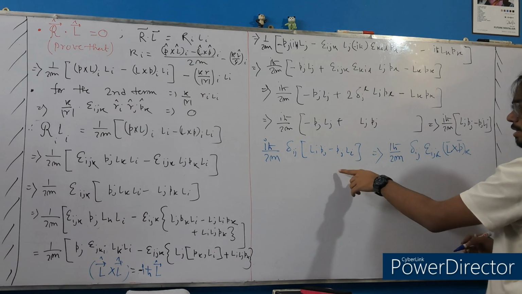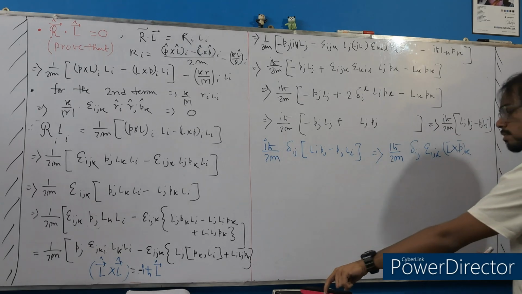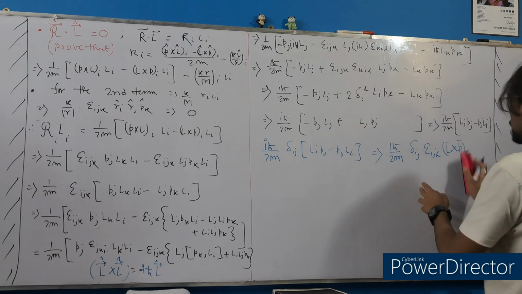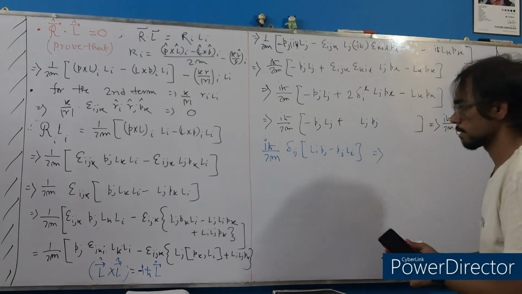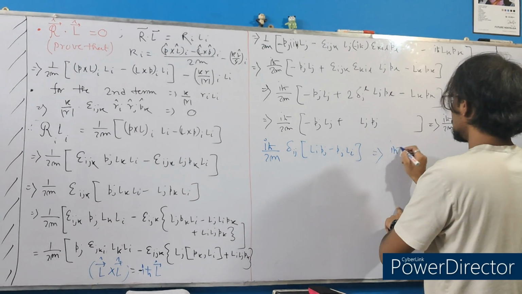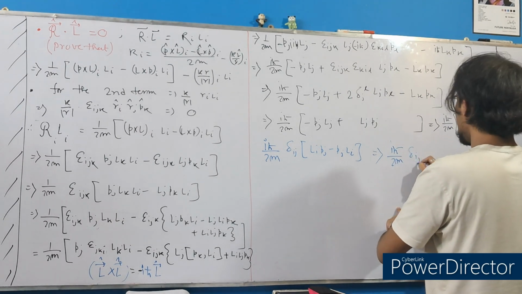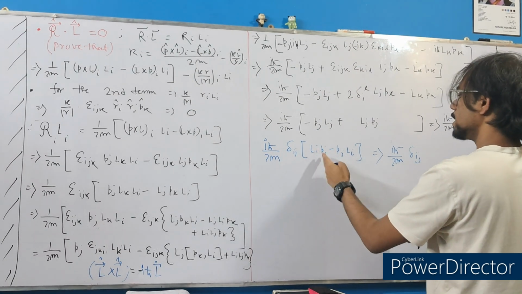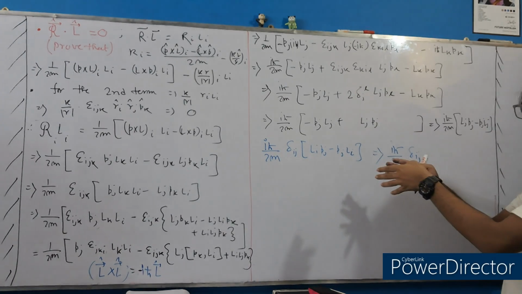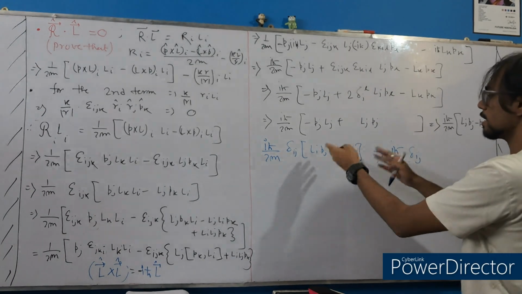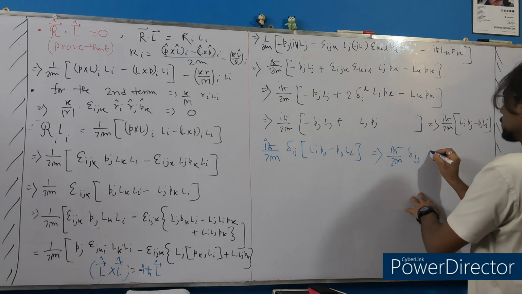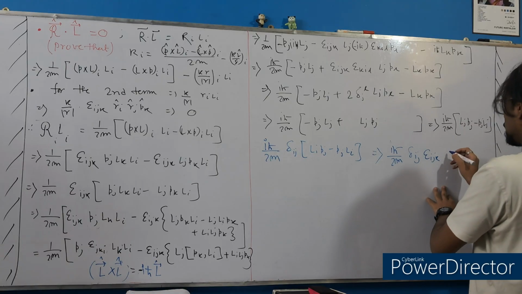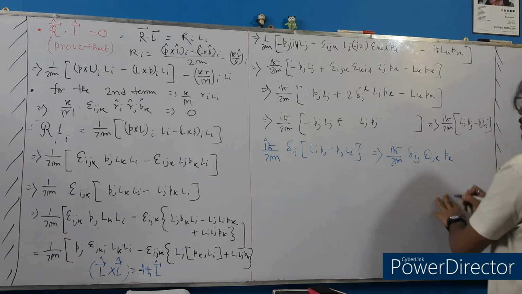L cross P. That means it will give us epsilon Ijk Pk. Okay, no, sorry, this is wrong. Sorry. This is iħ by 2m delta Ij. Now this is basically L P minus P L, the jth component it was. So I took that Kronecker Ij and written as the cross product. So it will give us basically epsilon Ijk, the commutation of the L and P. From there I can write epsilon Ijk Pk.